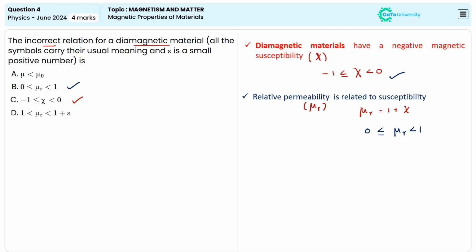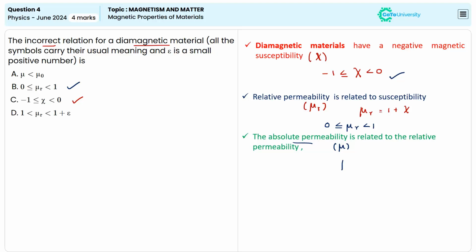Let us talk about absolute permeability, which will be represented by the letter mu. It's known that the absolute permeability is always related with relative permeability, and it can be written as mu equals mu naught times mu r.